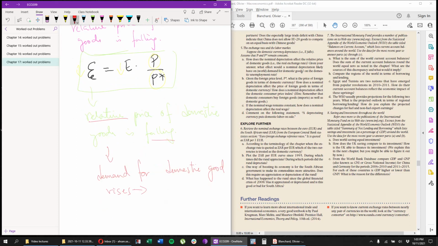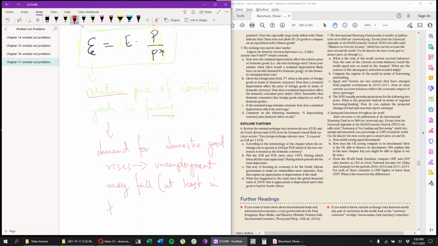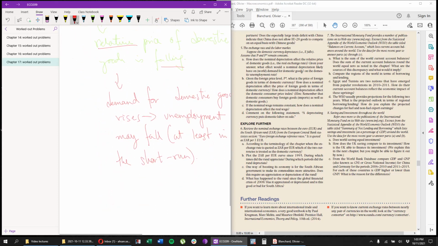And since demand for domestic goods is rising, production of domestic goods may go up. We can also say that unemployment may fall, at least in the short term. Okay, so that was part A. Let's move on to part B.